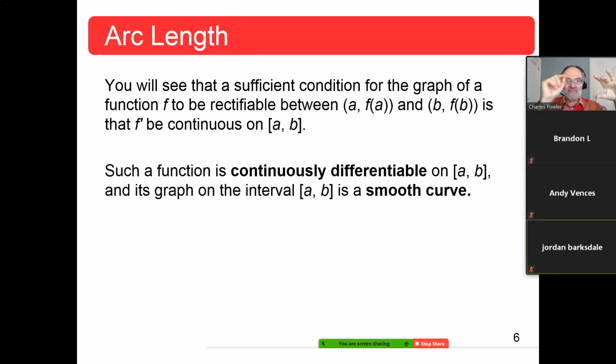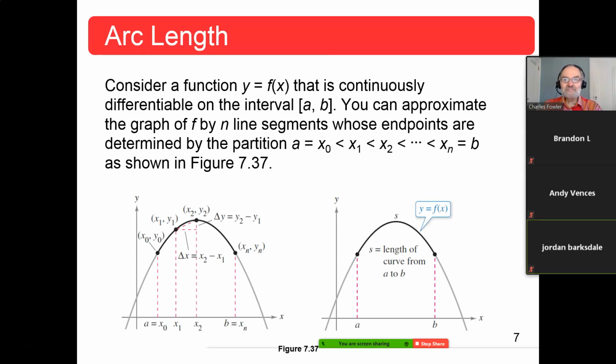If the first derivative is not continuous, as in you have either a disconnect or a point, a cusp, or anything such as that, then that would not be a rectifiable function. Such a function is continuously differentiable on the interval a to b, and its graph on the interval a to b is what we then define as a smooth curve. Not only does the function have to be continuous, the first derivative has to be continuous. Okay? Now, let's get back to what we mean by arc length.